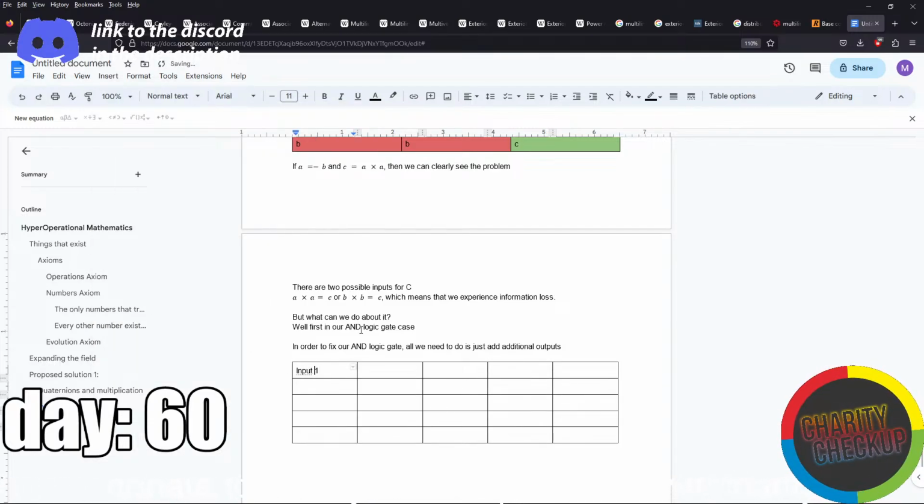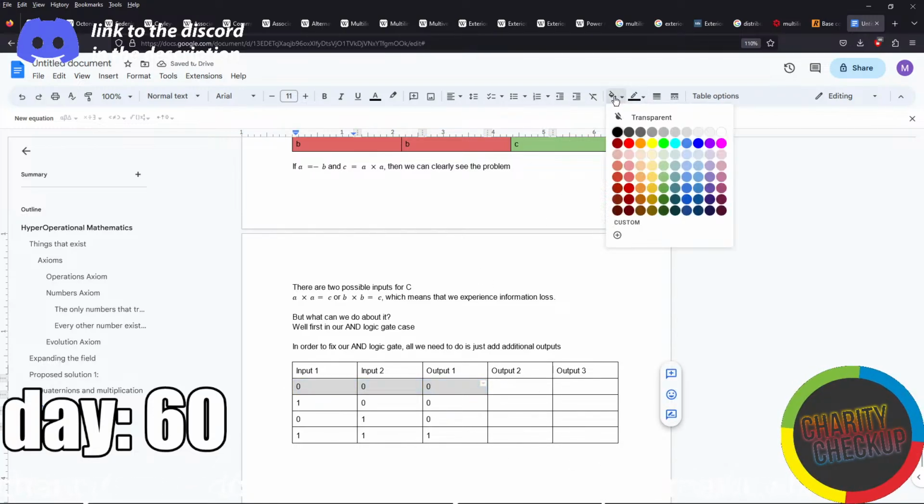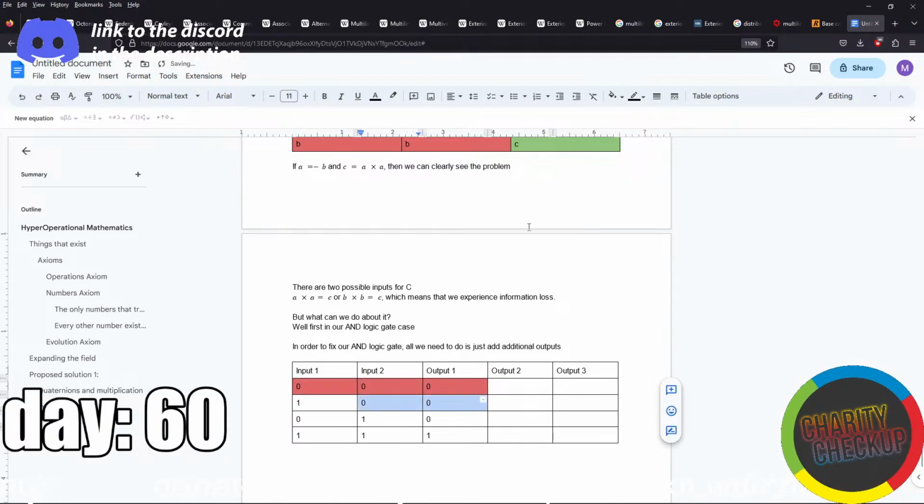Input 1, input 2, output 1, output 2. Great! Because now all we need to do is just 0, 0, 1, 0, 0, 1, 1, 1. Now the appropriate output, which is 1, 0, 0, 0. And then just copy those over here. That's it. Great, so let me just color code them correctly because it looks nice.